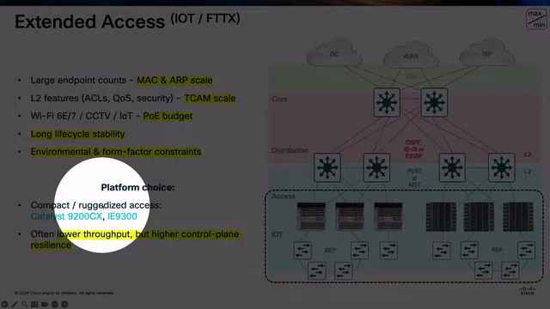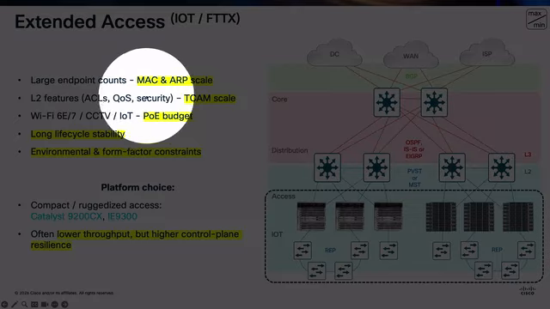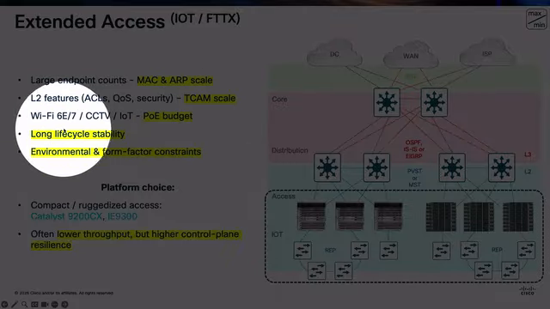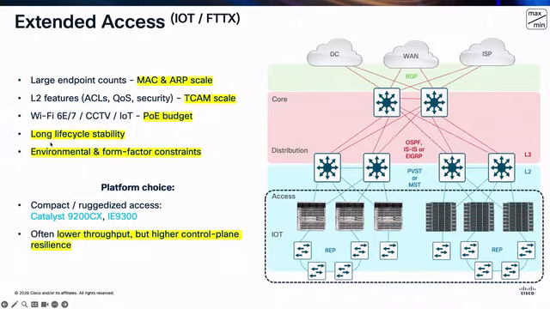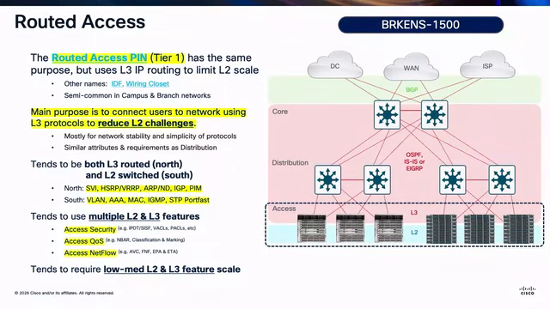Then we are paying extra for ruggedized, i.e. 9300, or maybe a small 9200CX, which has some PoE budget. So again, we're looking at the MAC address space and ARP table scale, but at the same time we are expecting to maximize long life cycle stability of the device.